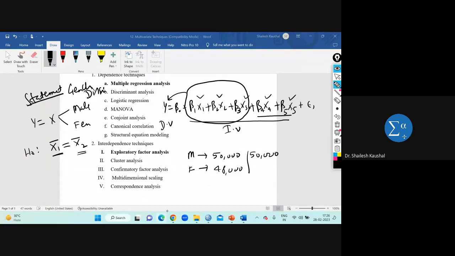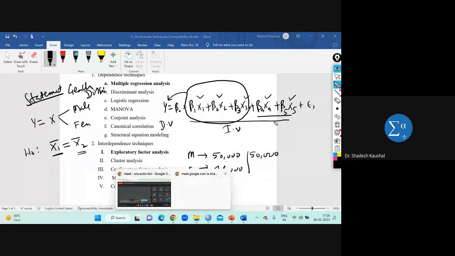So our equation is beta 0 plus beta 1 x1 plus beta 2 x2 plus beta 3 x3, and both the independent variables x4 and x5 are not significantly contributing to the dependent variable.